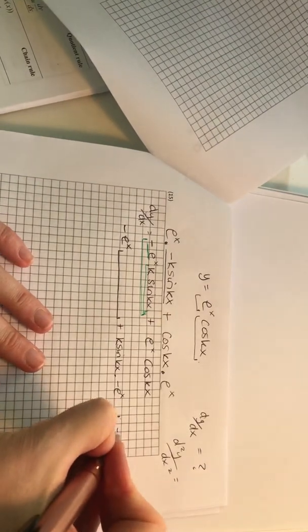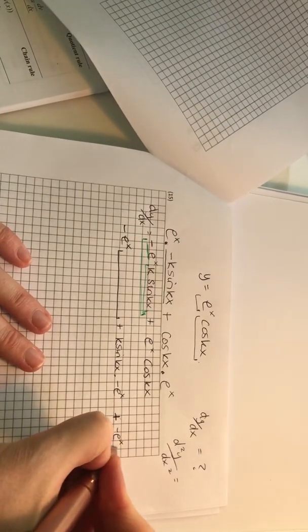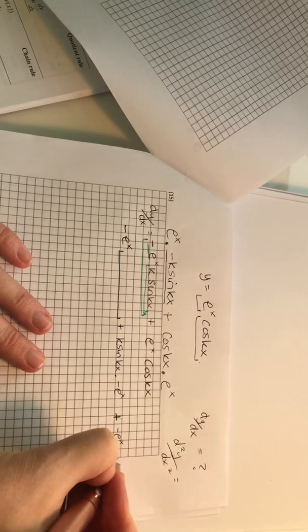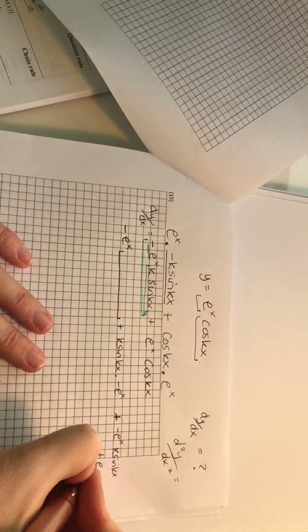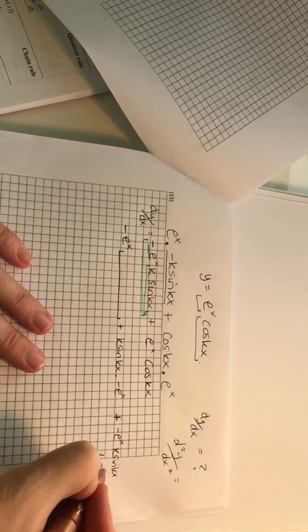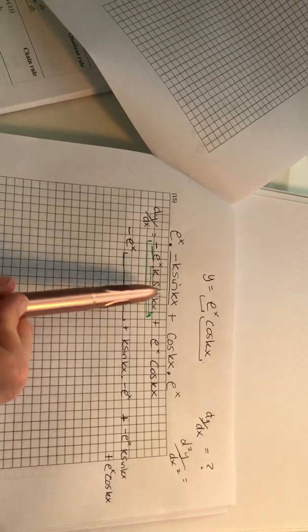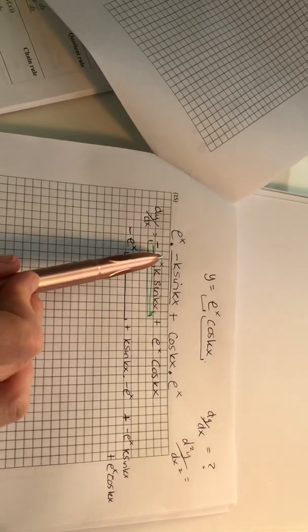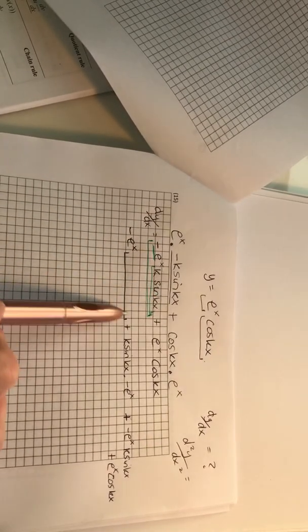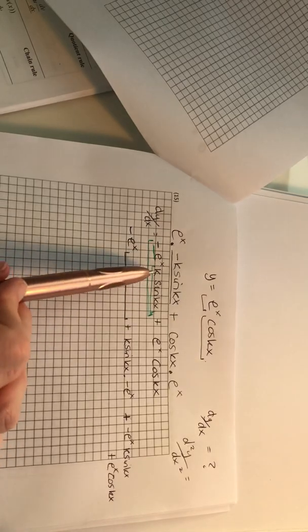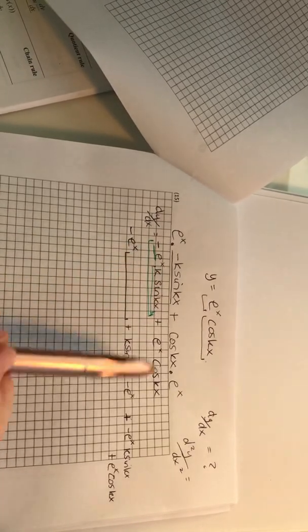So we actually have a lot of work done from previous. So the main thing is that we look at the green bit first. We're going to go u times dv dx, work that out, plus v times du dx.